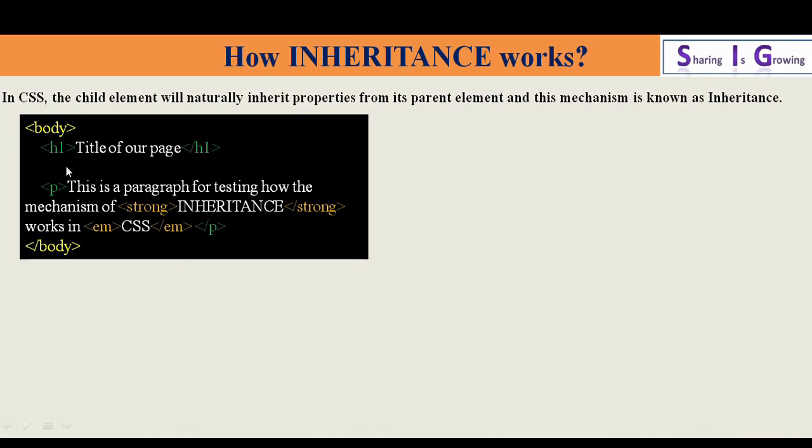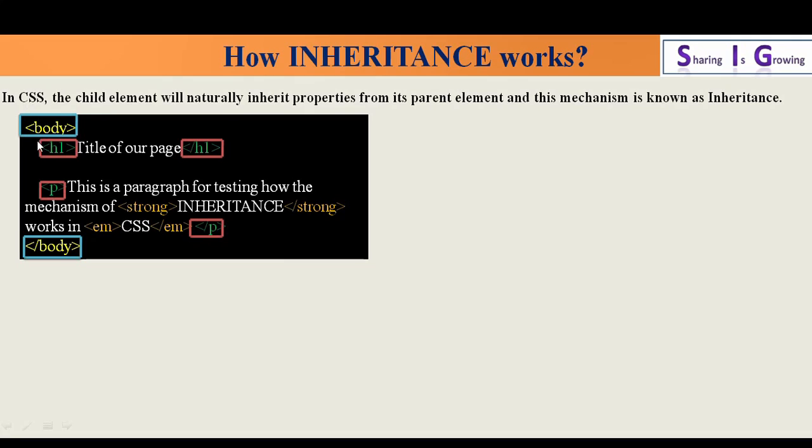These are all the elements that we have included in this sample example. If you observe carefully, the body element is considered the parent element of this entire HTML file, and for this parent element we have child elements h1 and p.